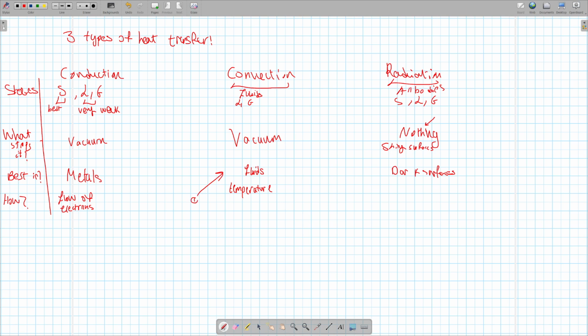Temperature causes a change in density, so when they ask you what is the cause of convection, you say the change in density. Radiation: release of electromagnetic waves as quanta. Okay, this is the summary.